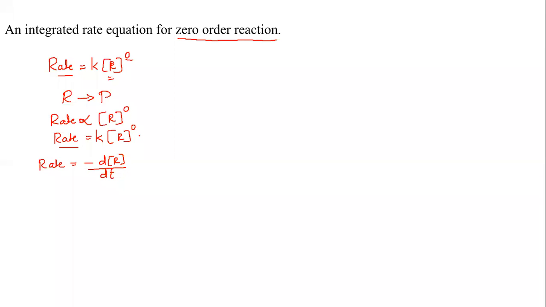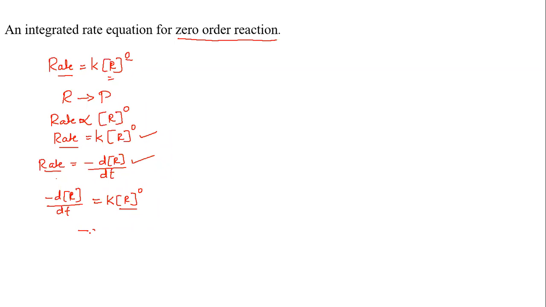Now let us compare this equation and this equation. LHS are same, rate and rate. So can we compare the RHS? Right, because as LHSs are same, the RHS will be equal. So therefore this equation can be written as minus dR by dt is equal to k into R to the power of 0. Any number to the power of 0 is nothing but 1, right?